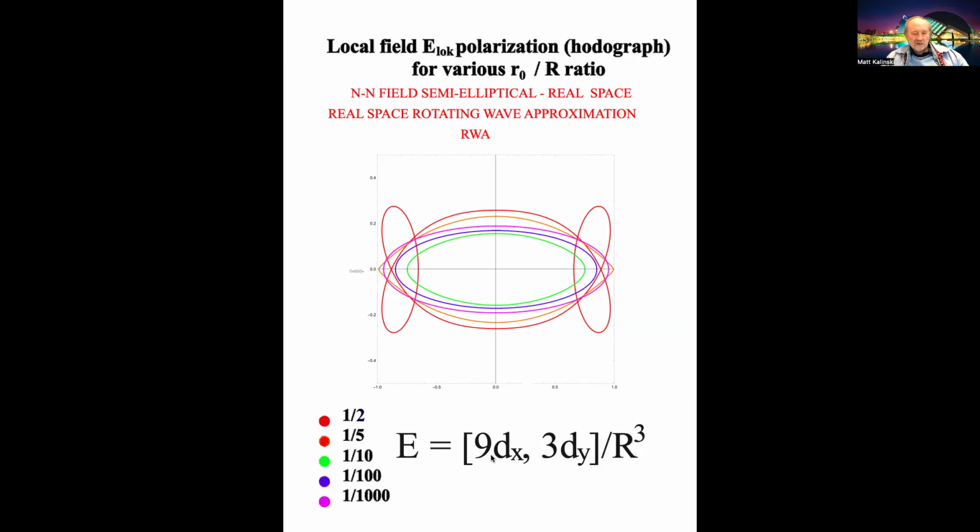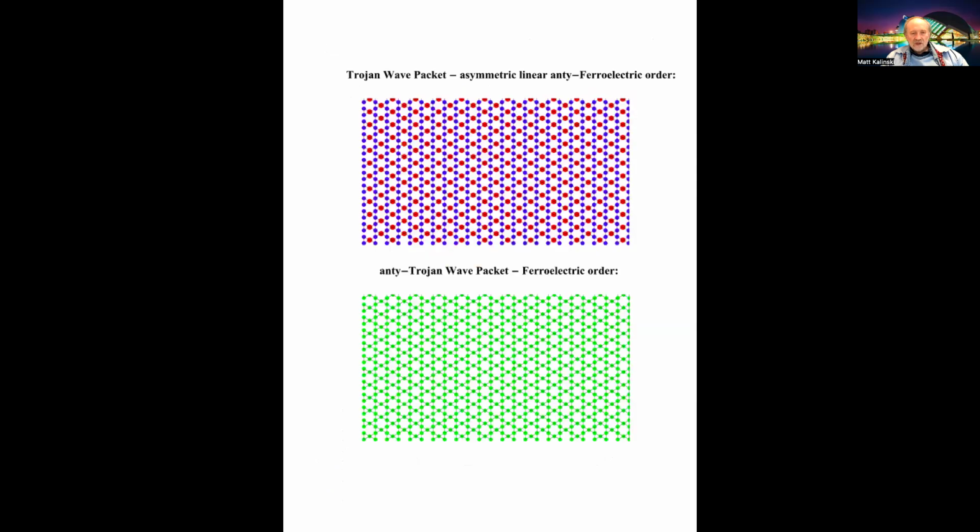One has this is ex, this is ui, and 9 to 3 is 3. So this is the electric field in the perfect limit of the pure dipoles, influencing the nearest neighbor atom.